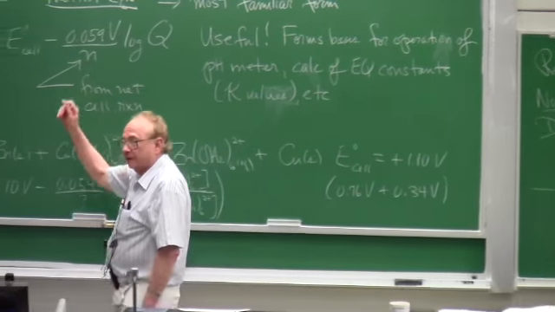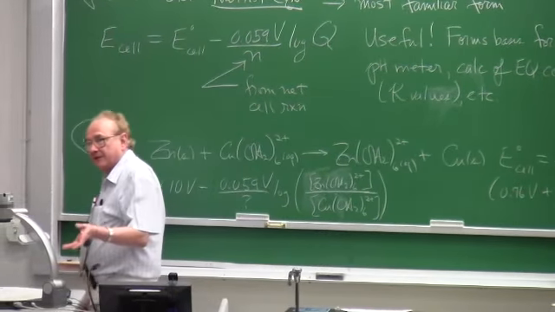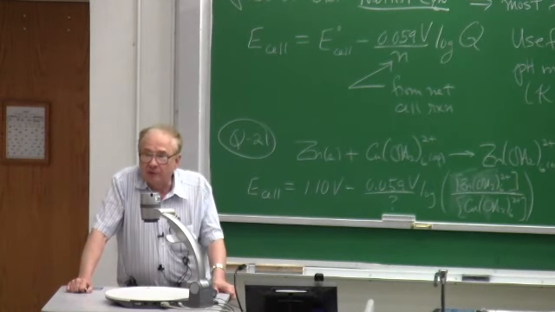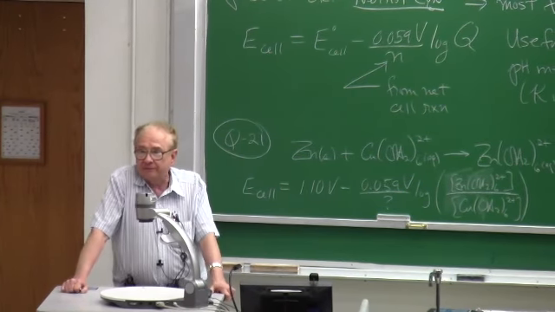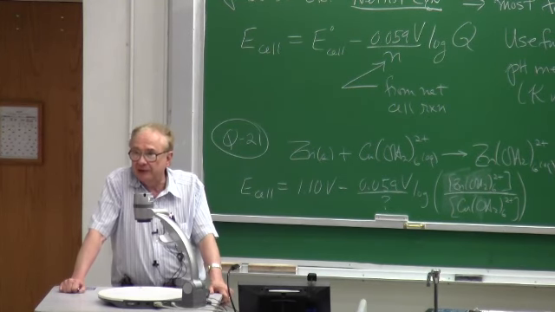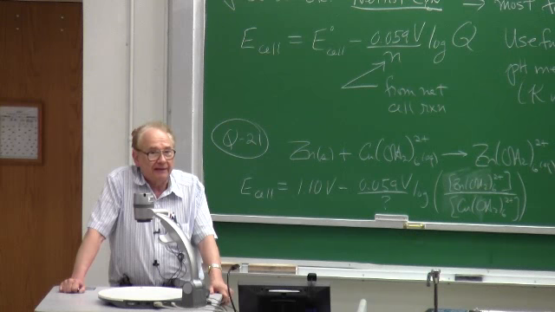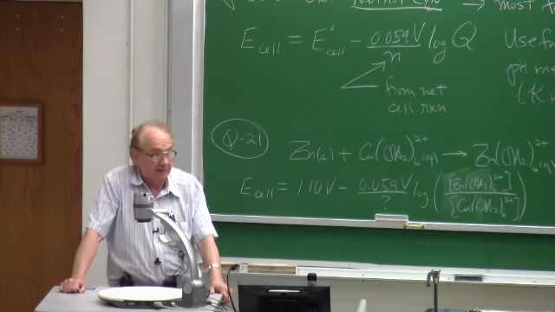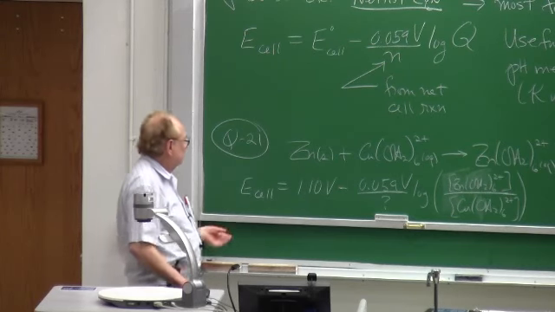And where does n come from? As in Faraday's law considerations, n is moles of electrons transferred. And the only way you can know what n is is to write the correct net cell reaction, because that tells you what n is and nothing else.